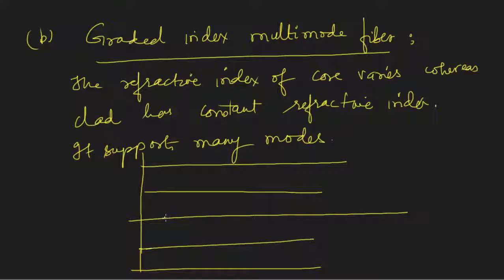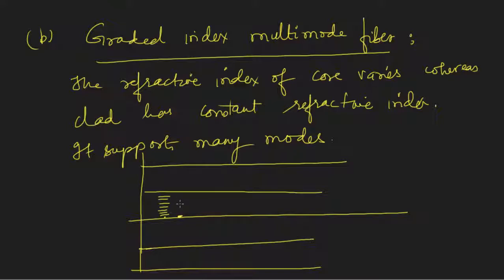It is maximum here. You can consider the core as different layers, and these layers have different refractive index. When the refractive index near the central axis is more, then speed is less.